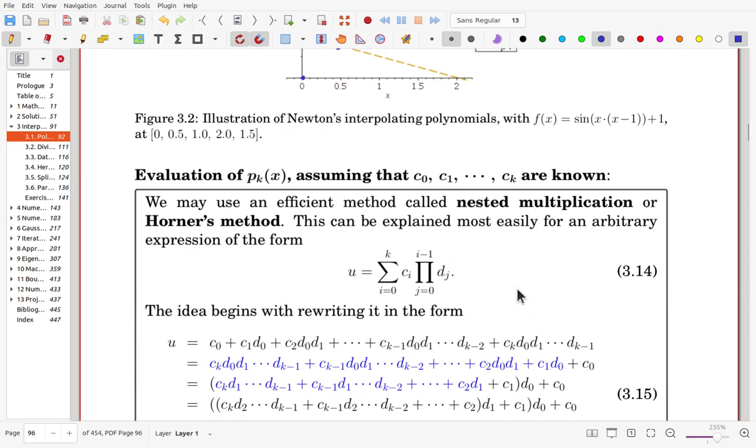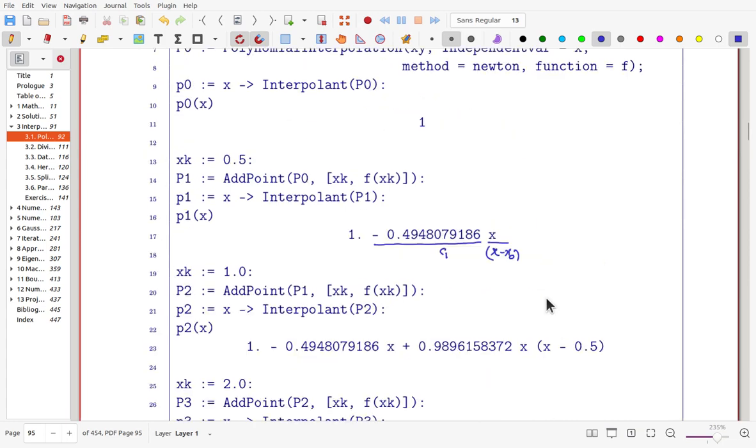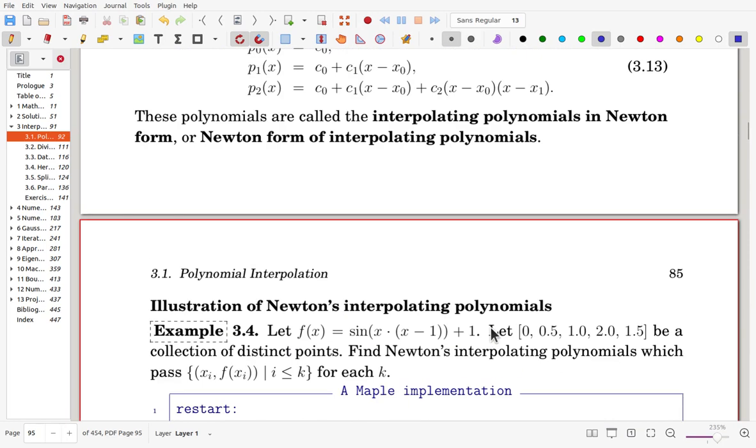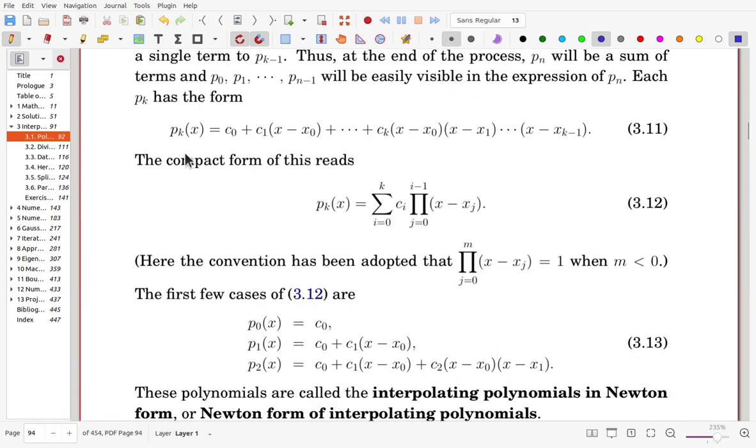Okay, now once the Newton form of a polynomial pk is given, then here we'll consider how to evaluate the polynomial value. For example, in this way, it is given, then the x value is now given, and we have to evaluate this thing.